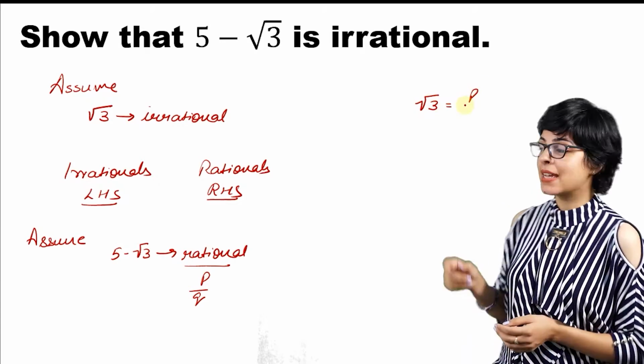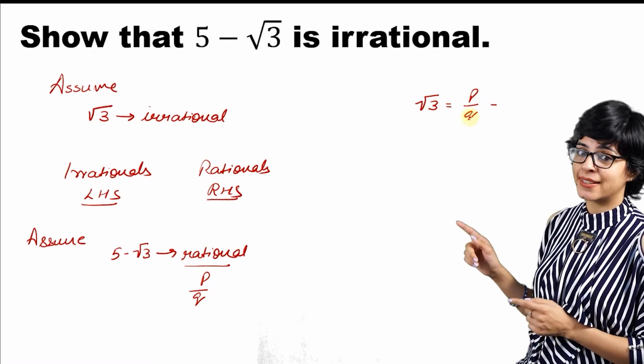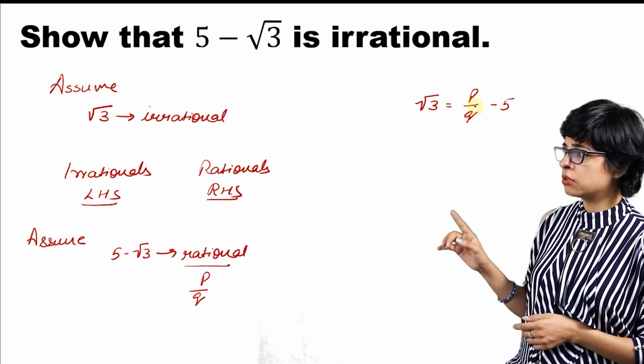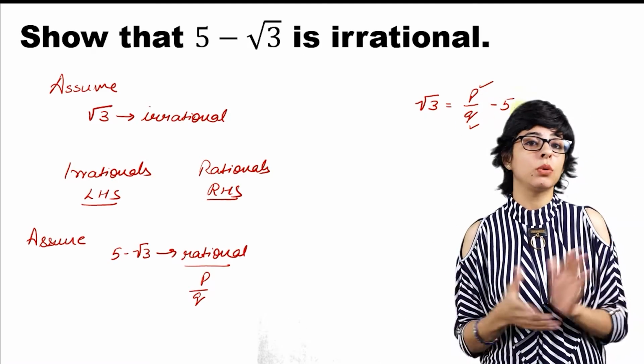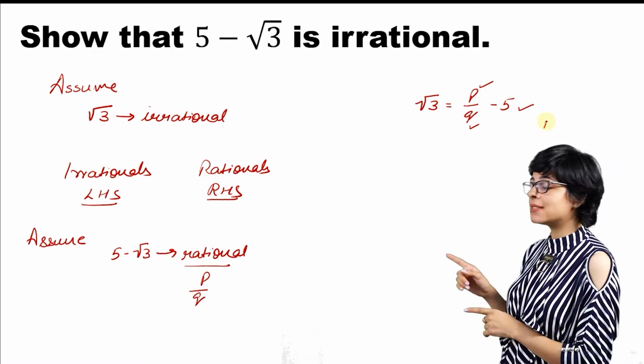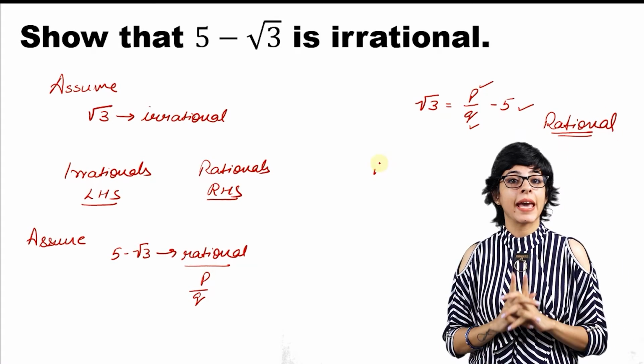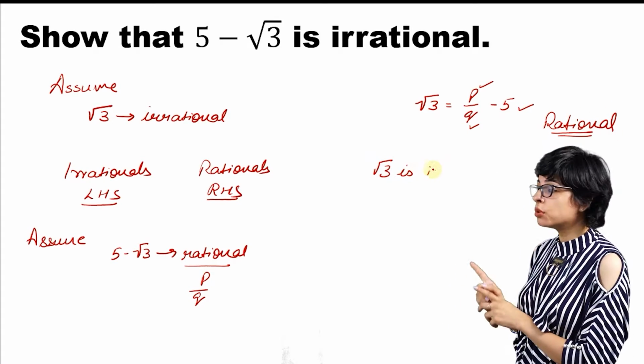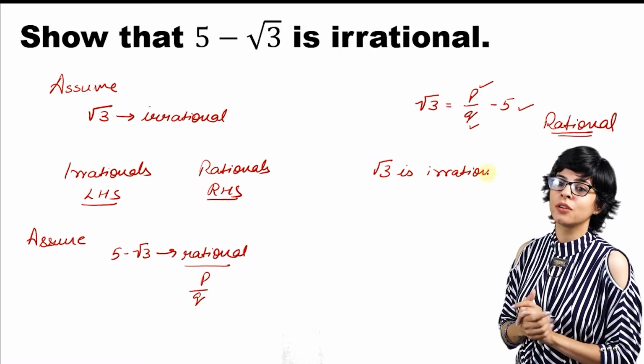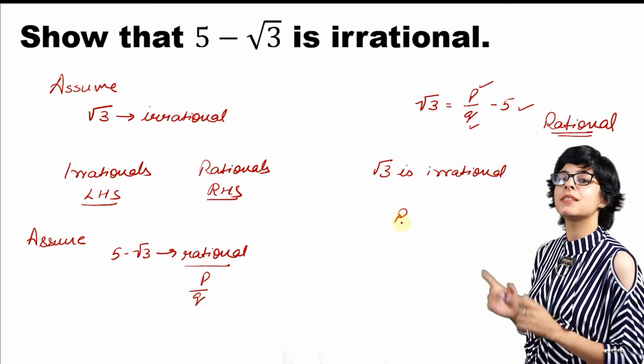So the right hand side is rational. And we know that root 3 is irrational, so how can they be equal? Therefore, the right hand side is rational, but root 3 had to be irrational. Hence, the assumption goes wrong, and hence 5 minus root 3 is an irrational number.